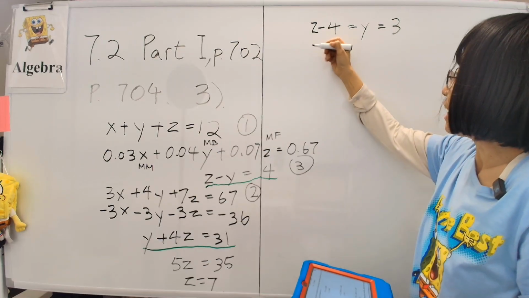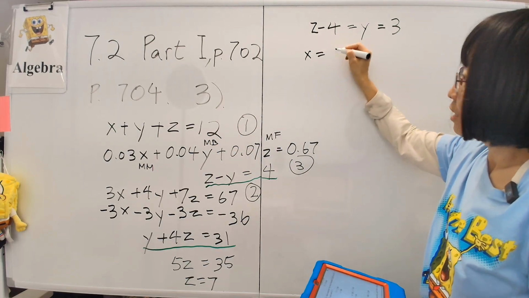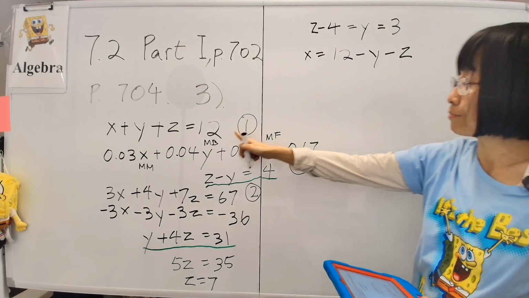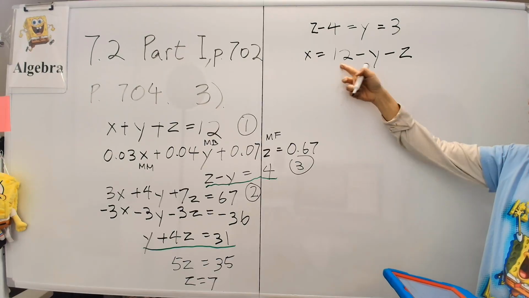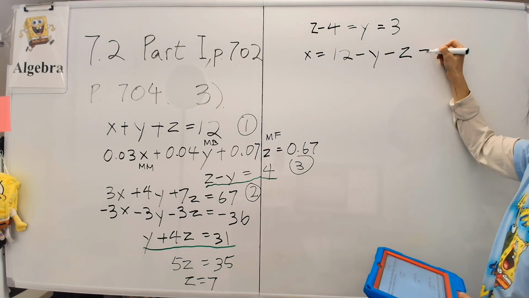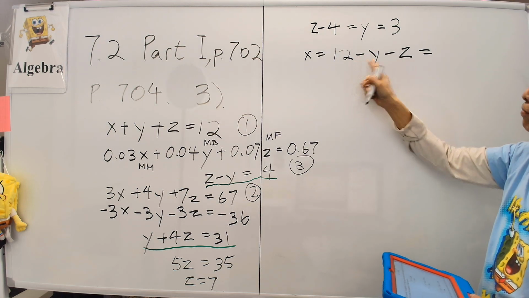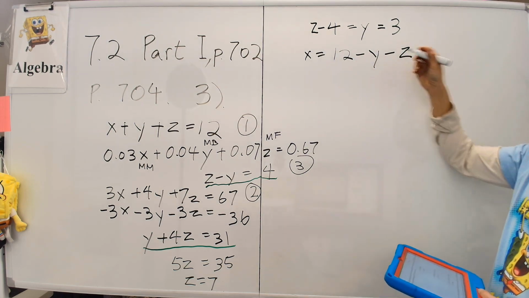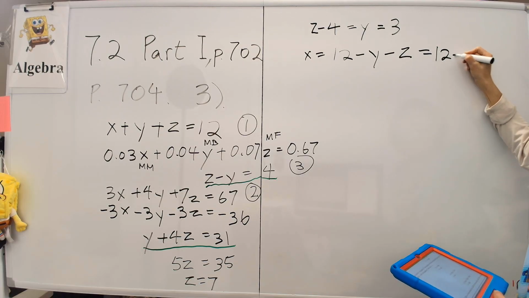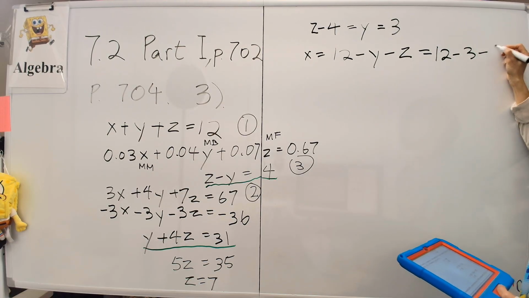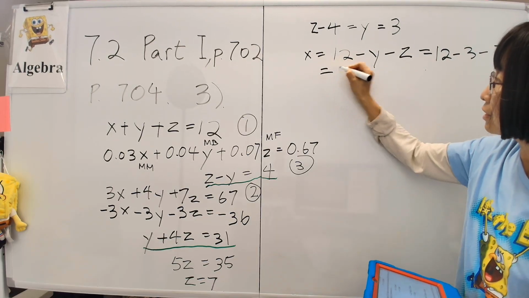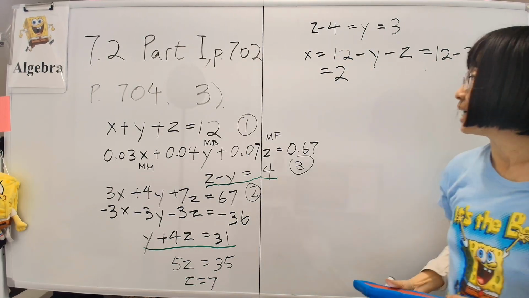So x equals 12 minus y minus z. I got that from here, moving y and z to the other side of the equation. I'd better write it down so I don't mess up. 12 minus y is 3 and z is 7, which means x equals 2. Yep, that is correct.